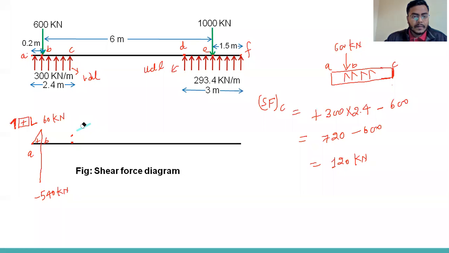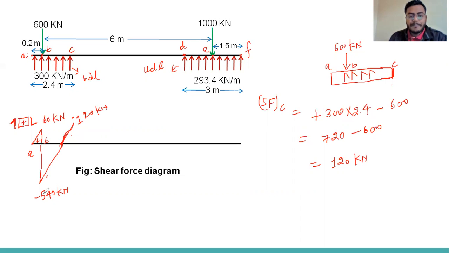At a point C, C is here. This is 120, right?